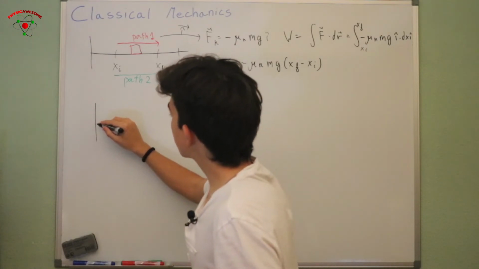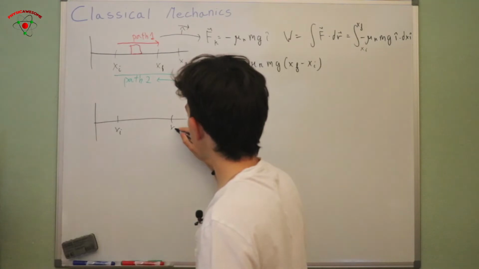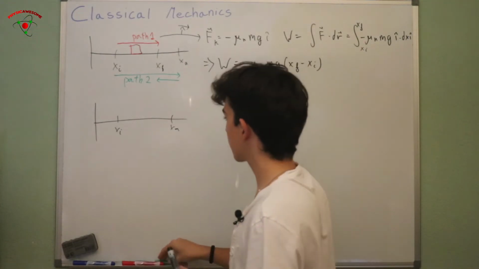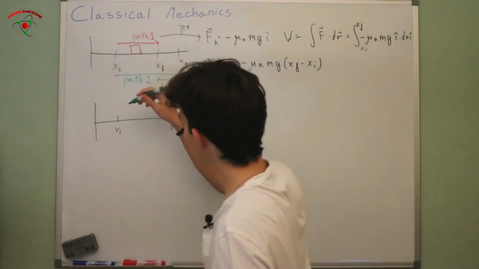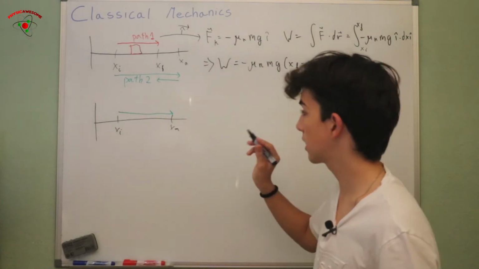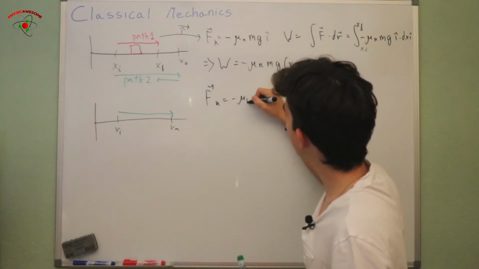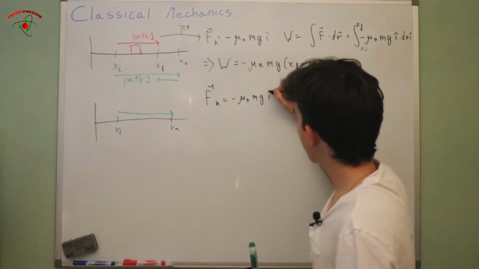The first part, in which we are moving from xi to xa, is pretty straightforward. We just move in this direction, and friction is going to be the exact same thing. Fk equals minus mu k mg i hat.